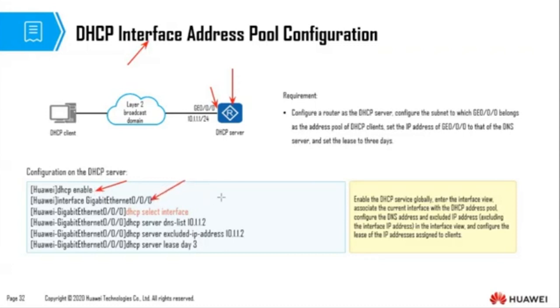Then we go into that interface. We use the command DHCP select interface. We specify the IP address of the DNS server. We exclude the IP address of the DNS server so that it cannot be issued, and we change the lease day from 1 to 3 using that command. So that's how we do that.